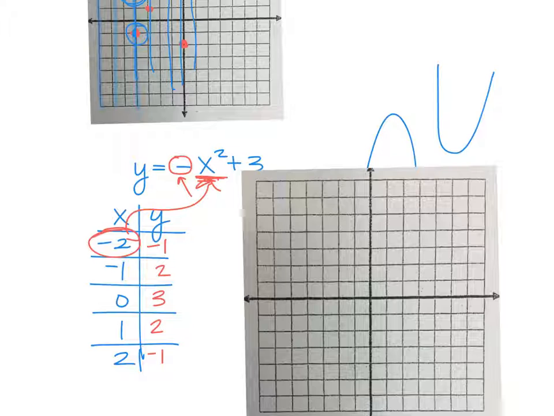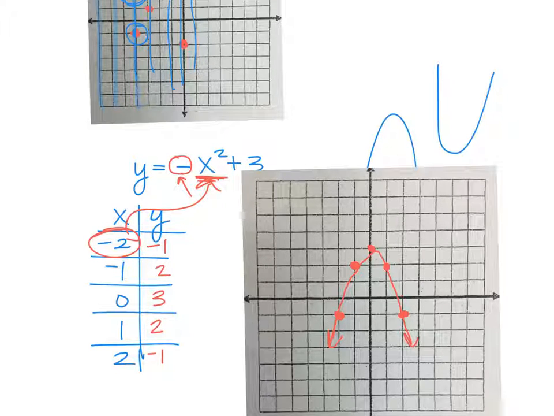So -2, -1 would be right here. -1, 2 is right here. 0, 3 is here. 1, 2 is here. And then 2, -1 is right there. When you graph that, you get that U-shaped curve.